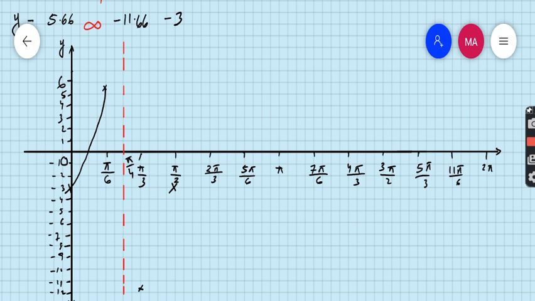At 2 pi by 3, the value is 5.66. This is 5. And at 3 pi by 4, the value is undefined.